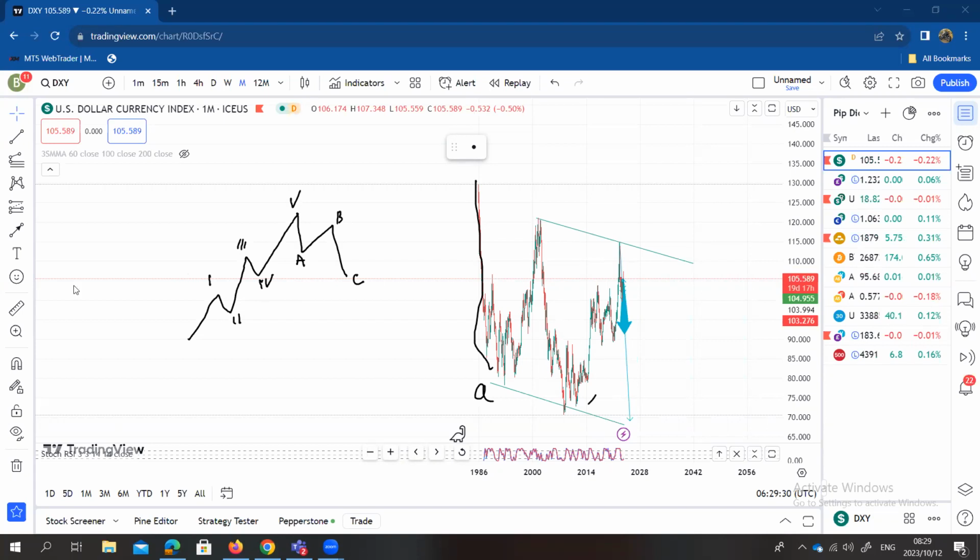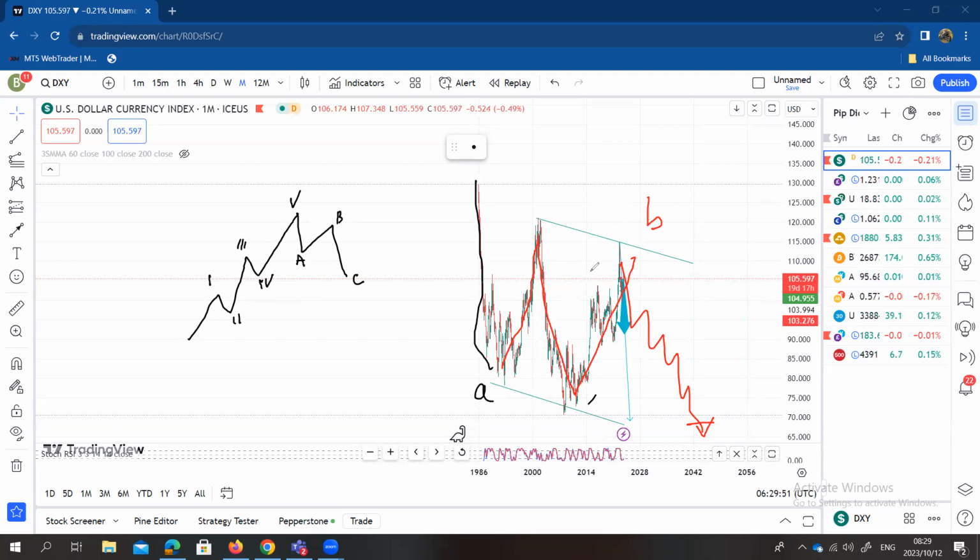This corrective phase here, 1, 2, 3, make up our wave B. And then right after, I expect the US dollar just to drop.